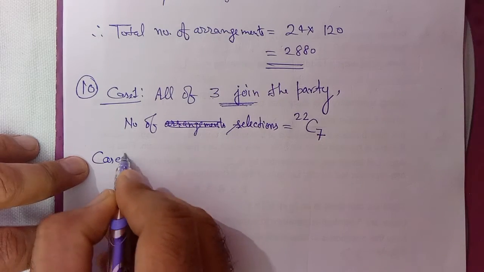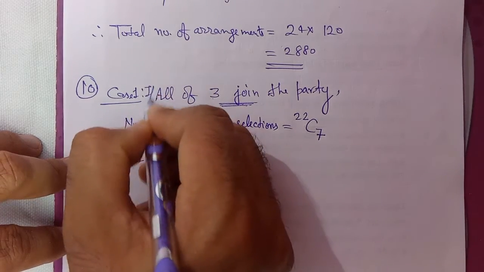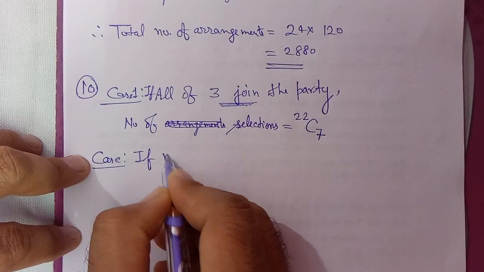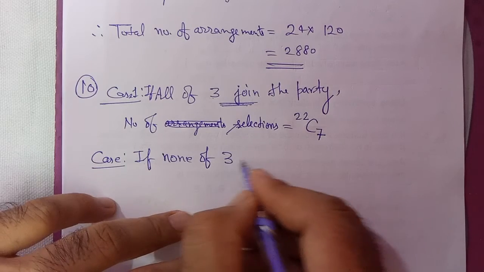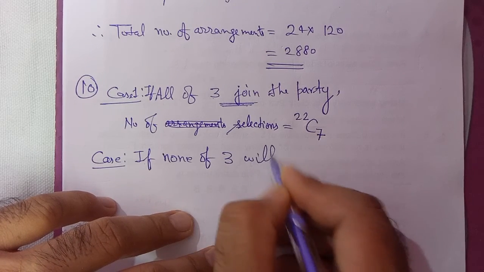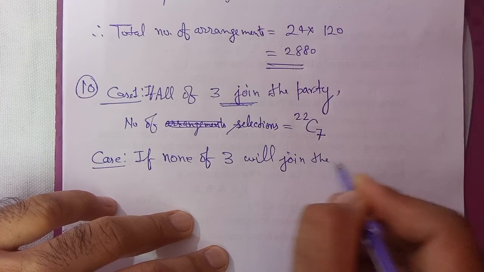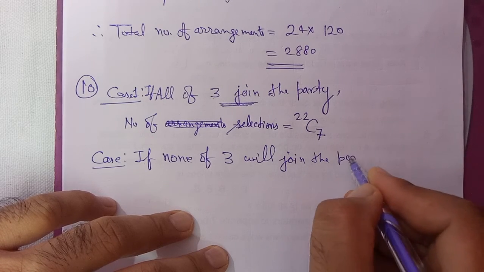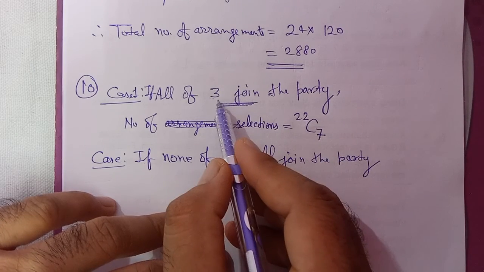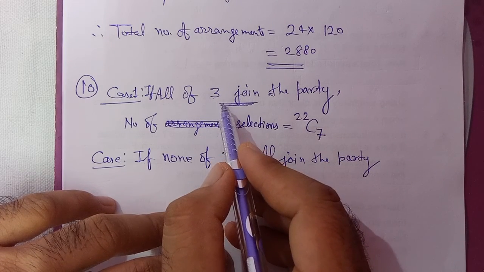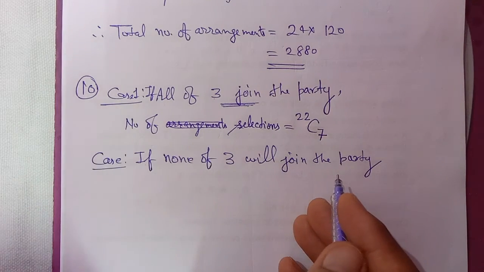Case 2: if none of the 3 will join the party, it means you have no choice for these 3 students. Once again, you are to choose total 10 out of remaining 22.